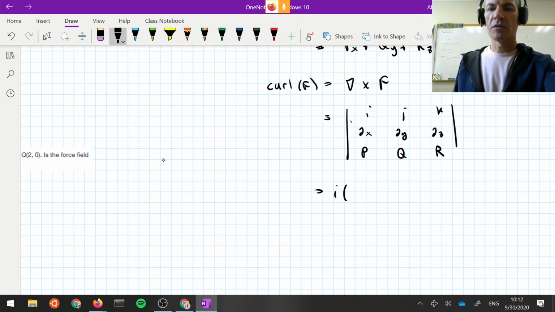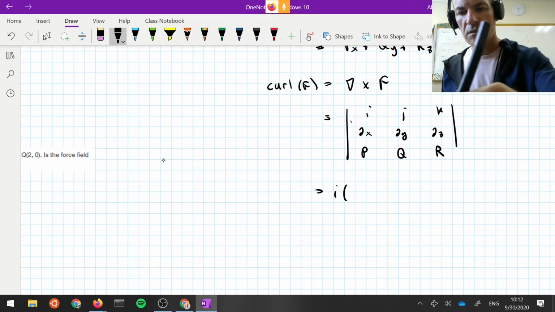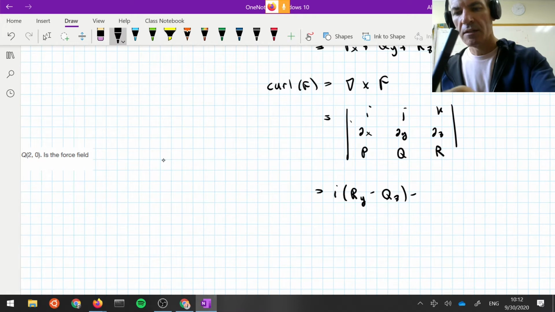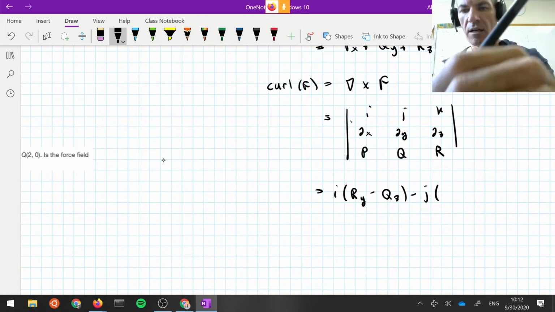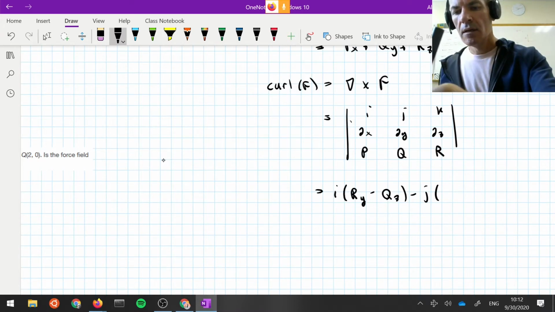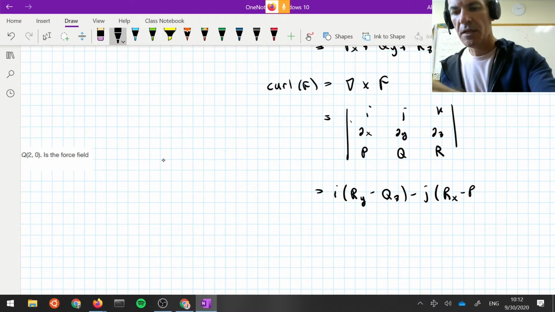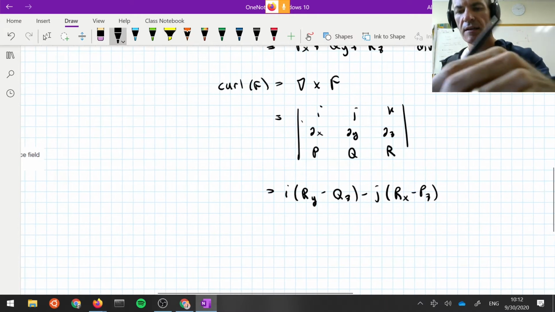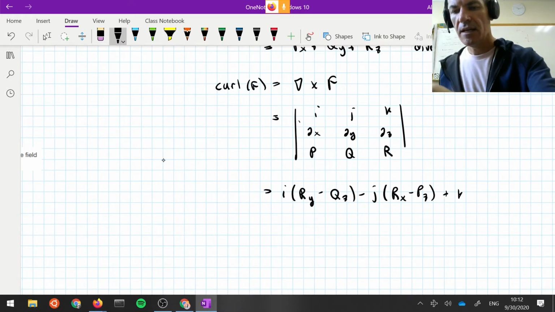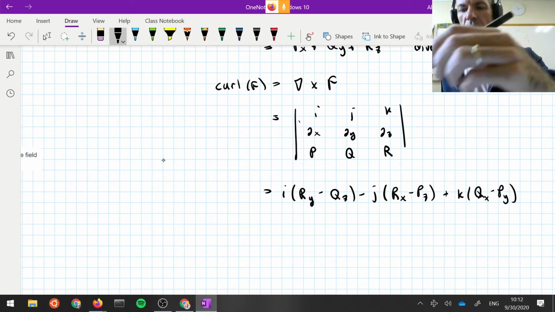The first component of the curl is the partial of R with respect to y minus the partial of Q with respect to z. The second component is minus j, partial of R with respect to x minus partial of P with respect to z. And then finally, k, partial of Q with respect to x minus partial of P with respect to y.